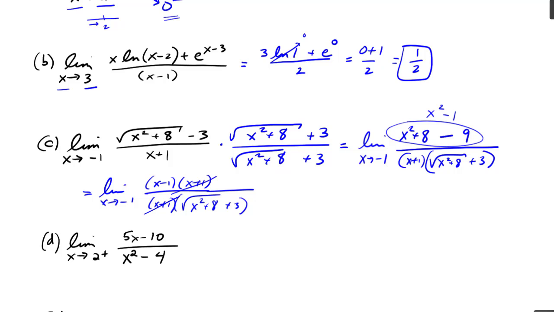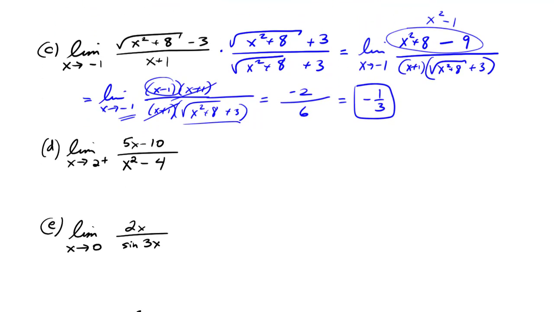And as I hoped, the x plus 1s would cancel. And so now when I plug in negative 1 here, I get negative 2. When I plug in negative 1 here, I get square root of 9, 3 plus 3, I get 6. So overall, I get negative 1/3.